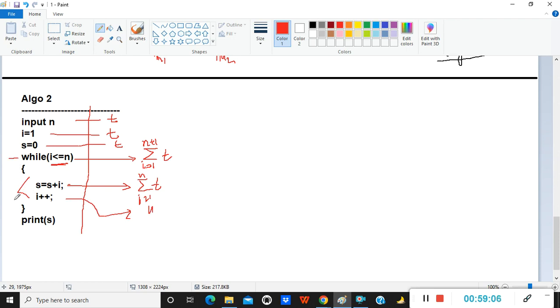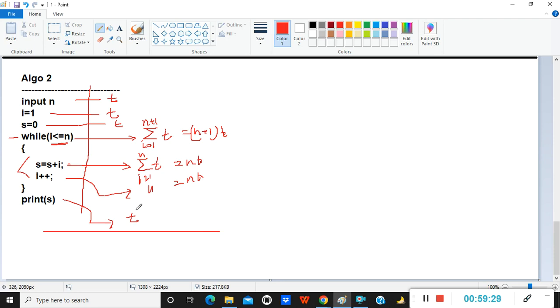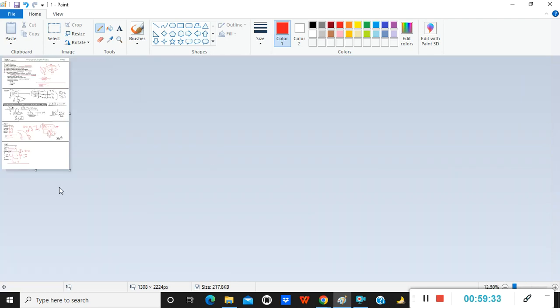So this will be your t, so ultimately this is your n plus 1 t. This will be your nt, and this also will be nt. So if you sum it, then what you will get? One, two, three. Just a minute.